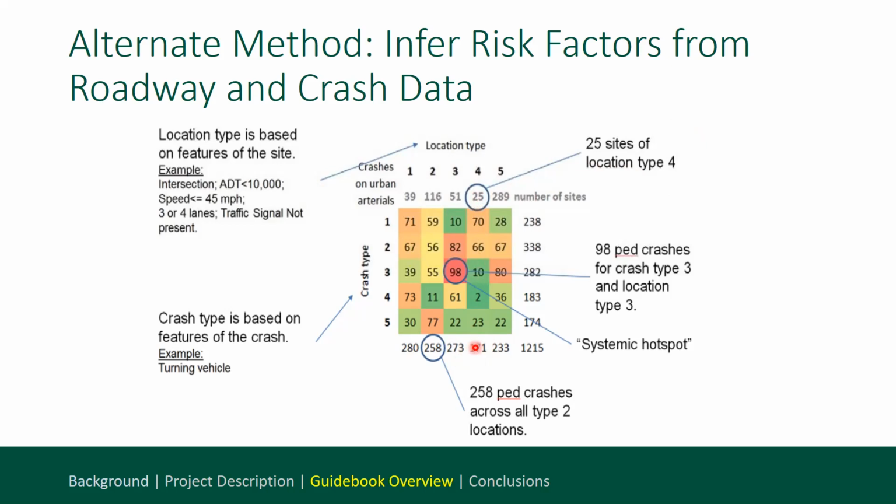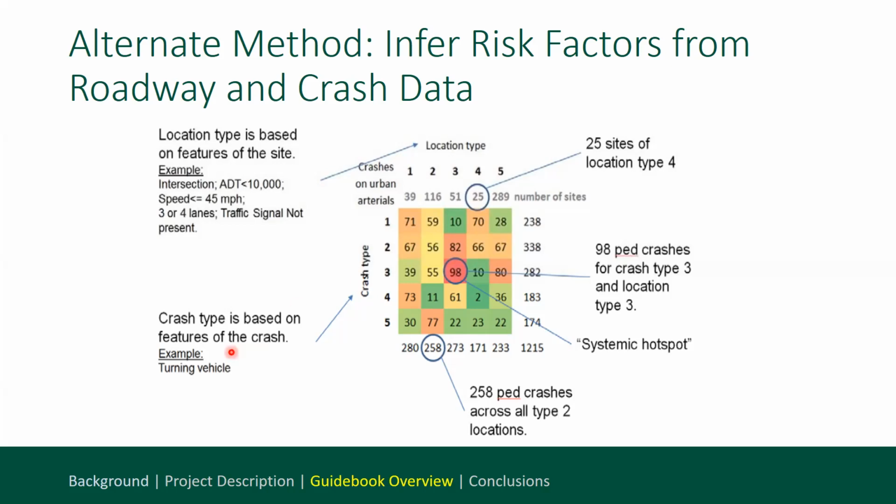So you look for a combination of location type versus crash type that leads to the most crashes. You could see this 98 crashes is the highest frequency that you observe. So that means treating turning vehicle type crashes at location type 3 might be a bang for your buck type of proposition, right?